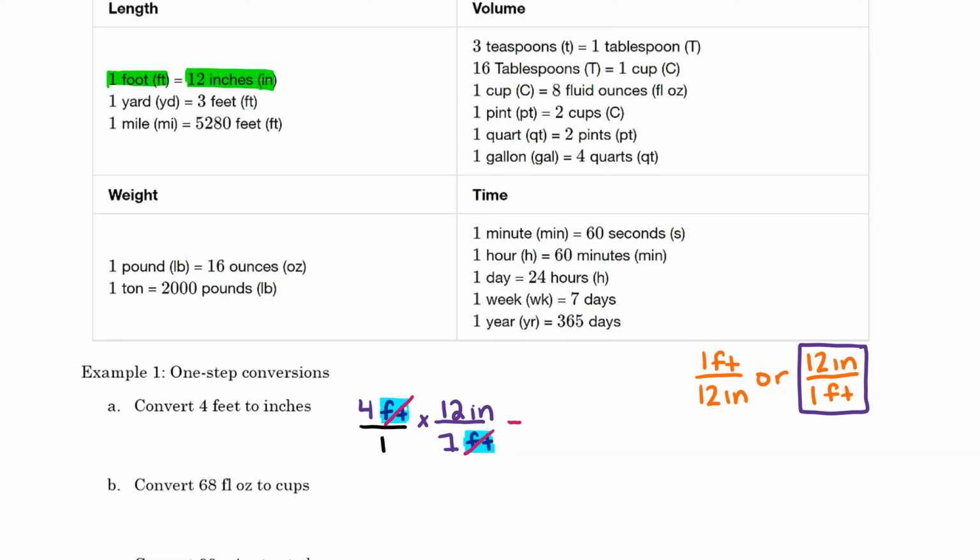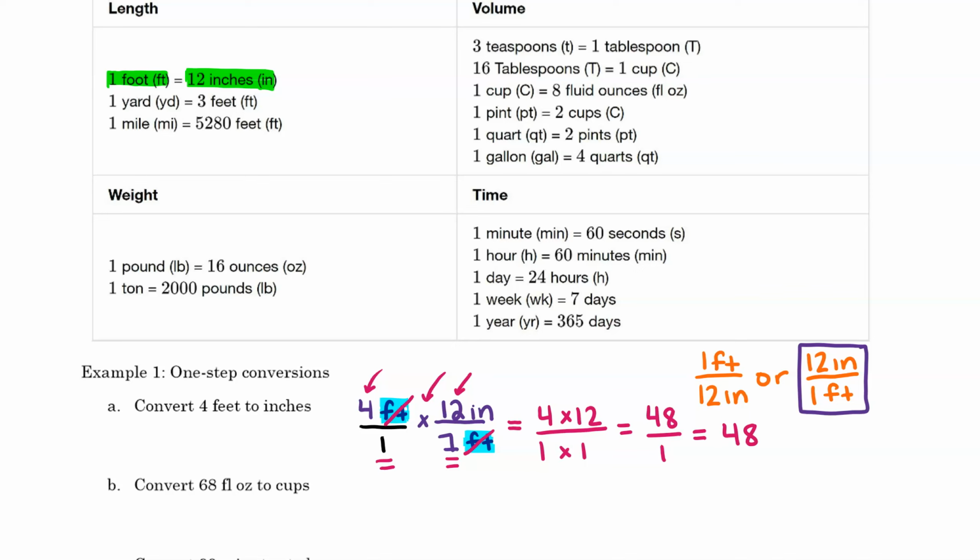Now the math that I need to do is 4 times 12 on top, and on bottom, 1 times 1. So 4 times 12 is 48, 1 times 1 is 1, and 48 divided by 1 is just 48.